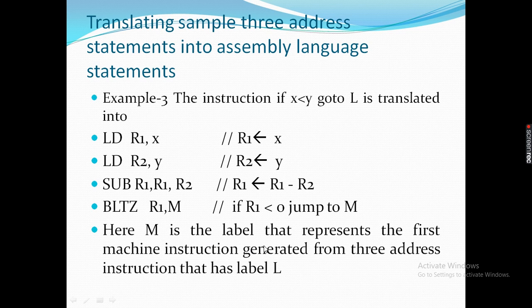Here M is the label that represents the first machine instruction generated from the 3 address instruction that has the label L.